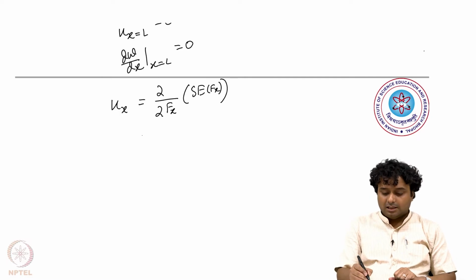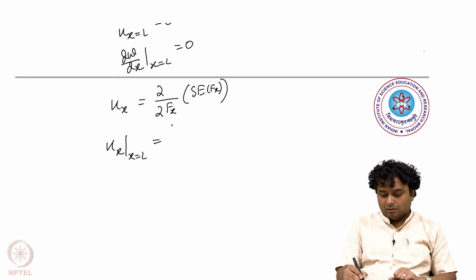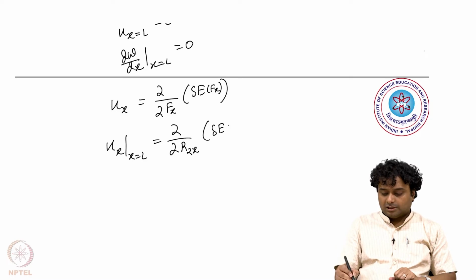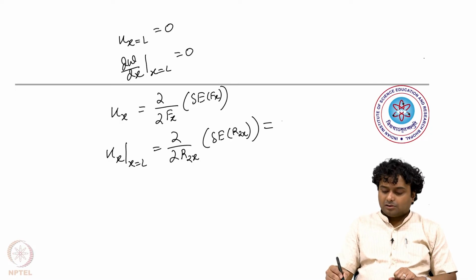What is the force in x direction at x equal to L? That is the reaction force R2x. So ux for x equals L is equal to the partial derivative of strain energy with respect to R2x, and this equals 0 according to our boundary condition 1.